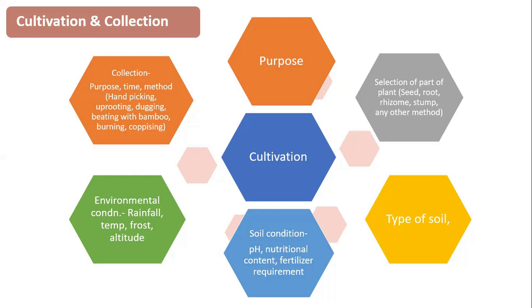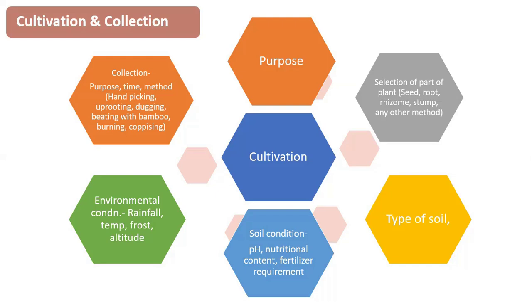Whether black soil, sandy soil, loamy soil should be required for the cultivation of this plant or not. So the soil selection is also an important condition. Then irrigation. In case of the soil selection, you have to check the pH of the soil. What is the nutritional level, such as sodium, potassium, phosphorus content, which is required by that particular plant.